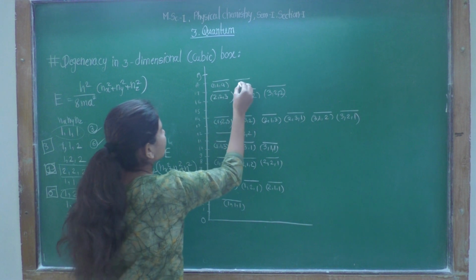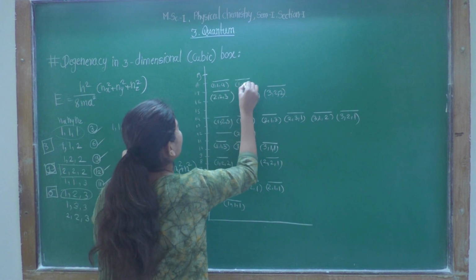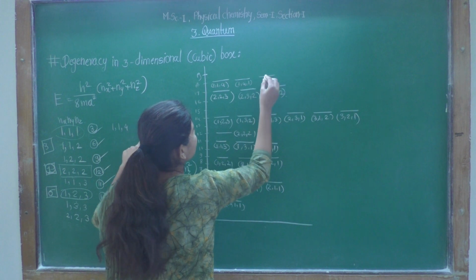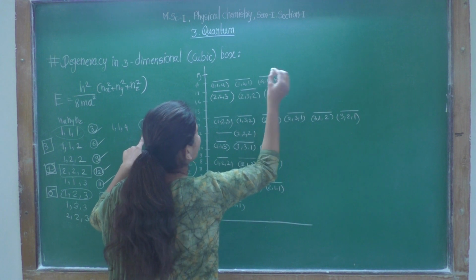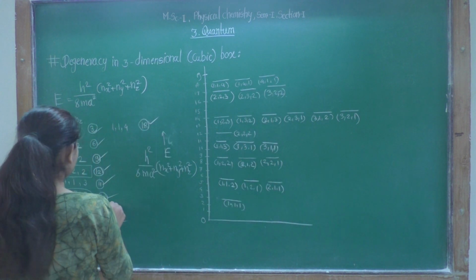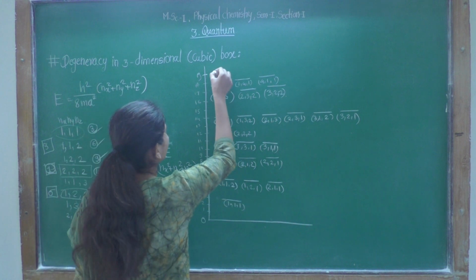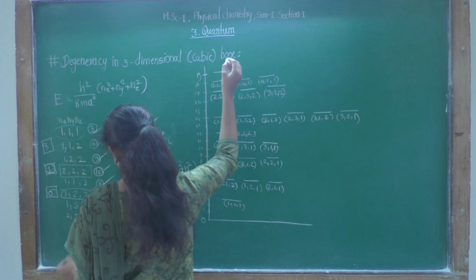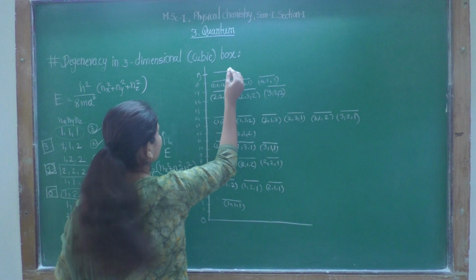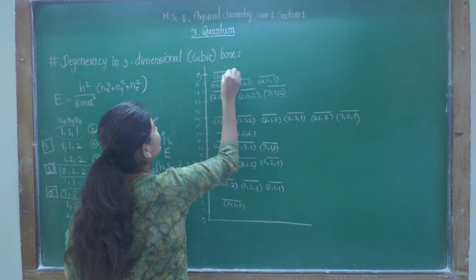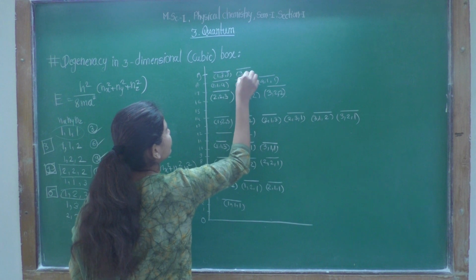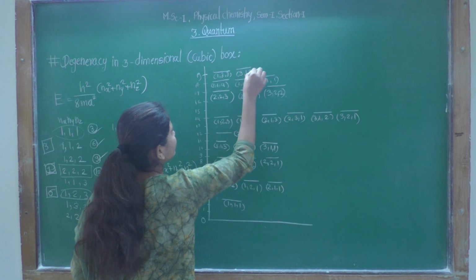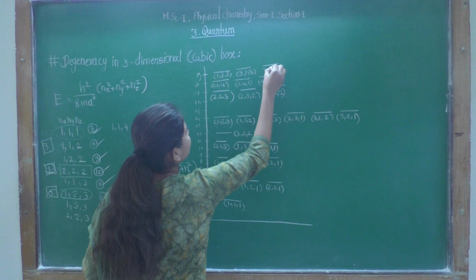We can write it in 3 different ways: 1 4 1, and next x is 4 and y and z are 1 1. Now next is 19, the last one we are assigning here, 1 3 3. So we can write 3 1 3 and 3 3 1.